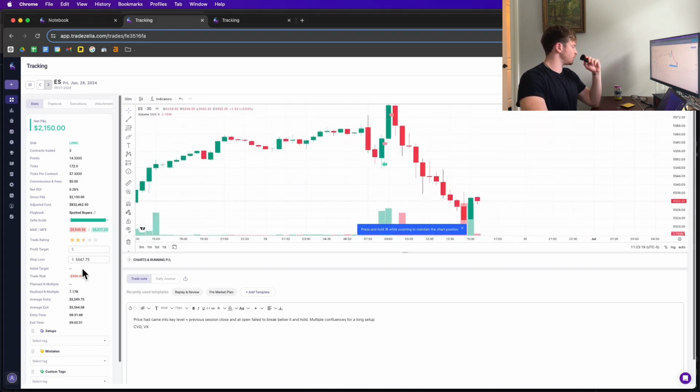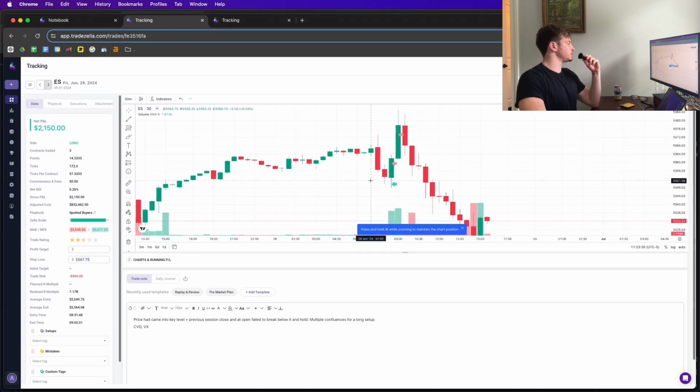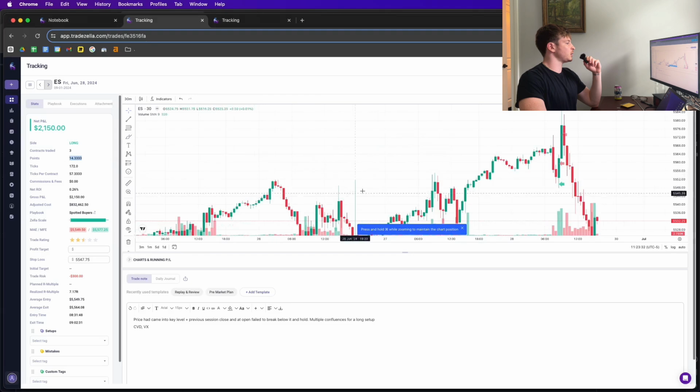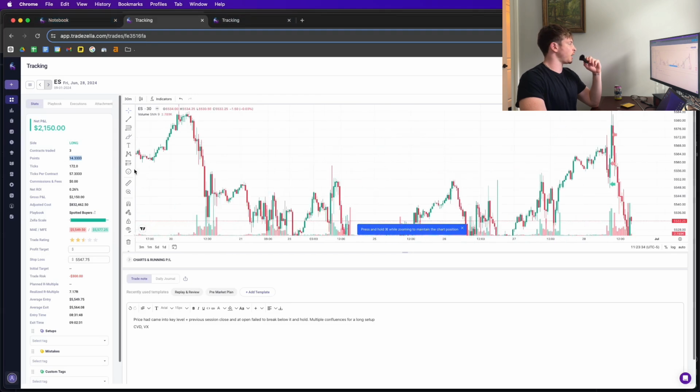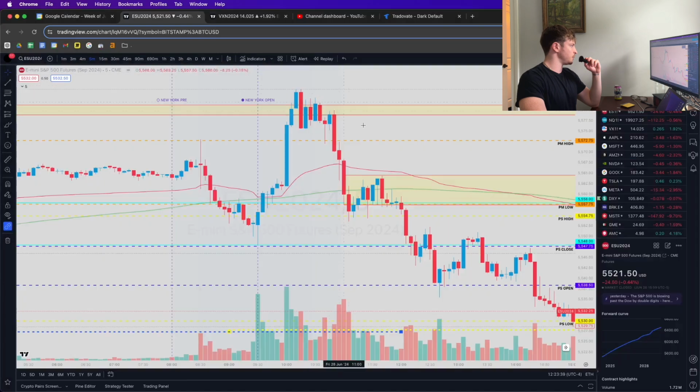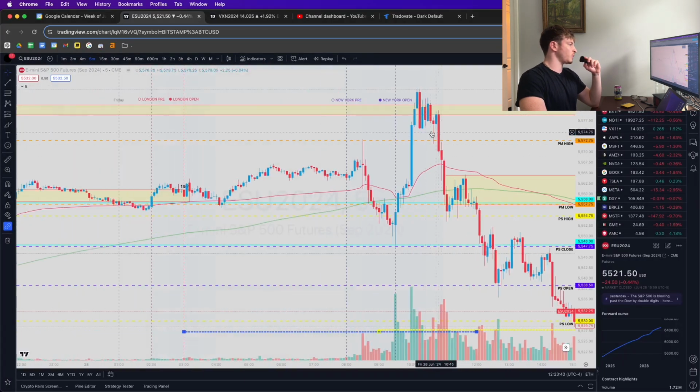So I had a 2-point risk, and I was targeting the high of day and then the supply level, which was at 5578 this time. I took two off at 10 points, or 9 points even, and then the last one was at high of day right here because I wasn't trying to risk it.